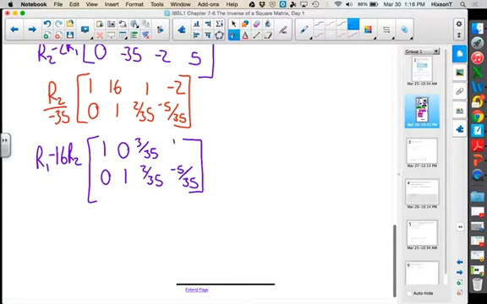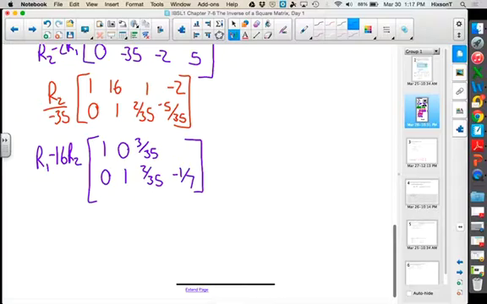I got 2/7 for the top and then negative 1/7 for the bottom. Oh yeah, 5/35. Yeah, negative 5/35 is a negative 1/7. There we go.